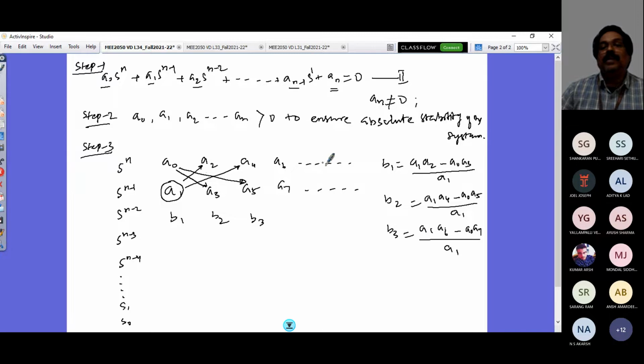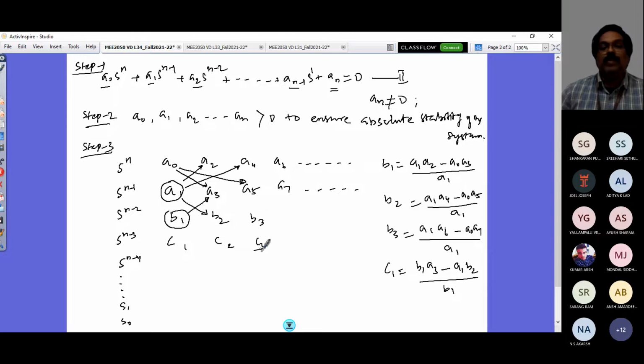I can continue like that till I get my B1, B2, B3 and so on. If you look at this process, the terms make a triangular fashion, right? Now the C1, C2, C3 correspond to this row. How do I get C1? I have to look at B1. So C1 would be (B1 A3 minus A1 B2) divided by B1.